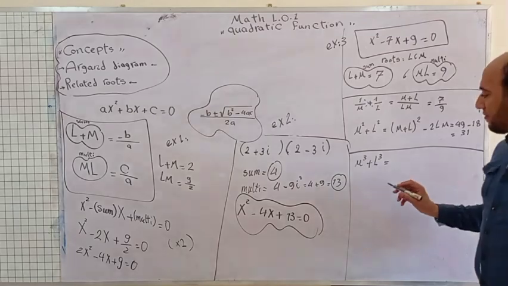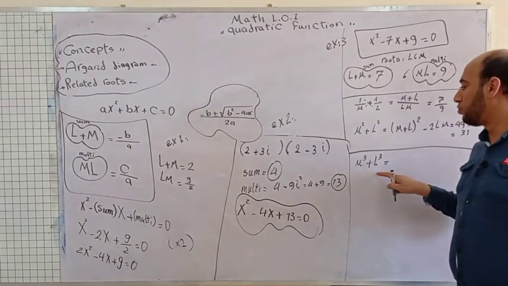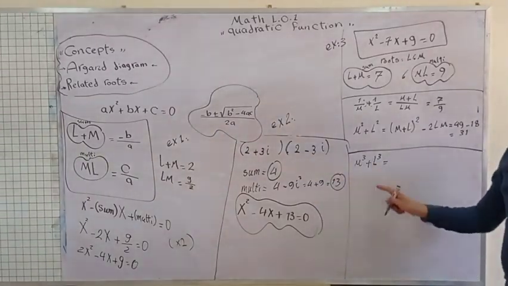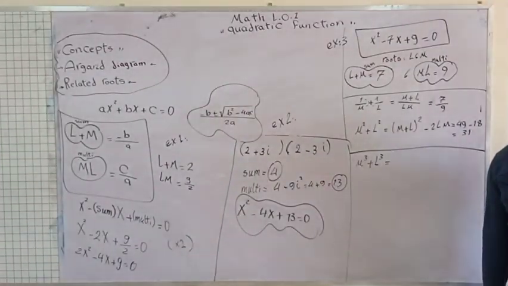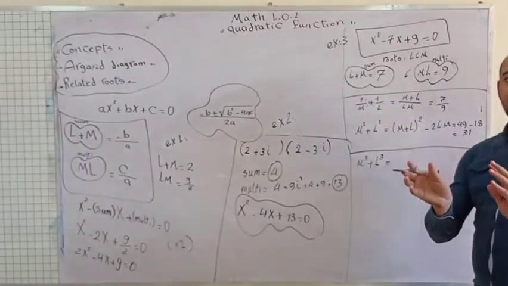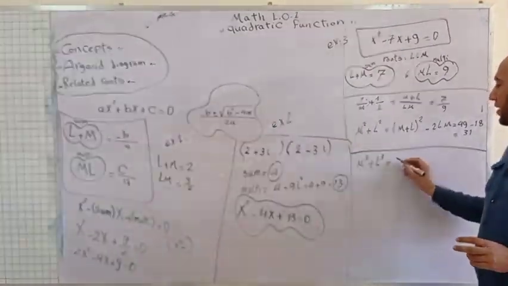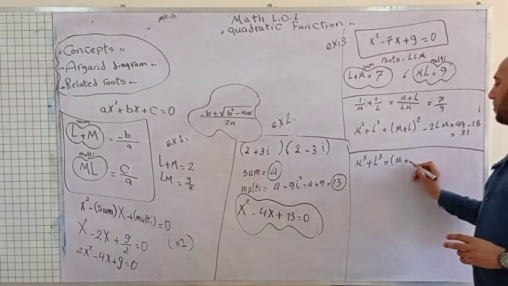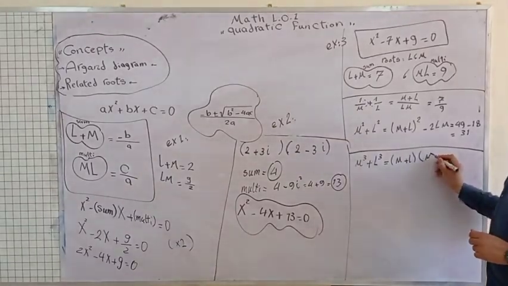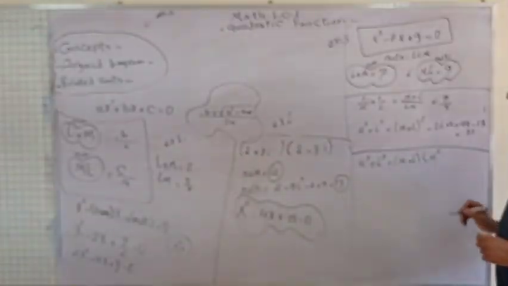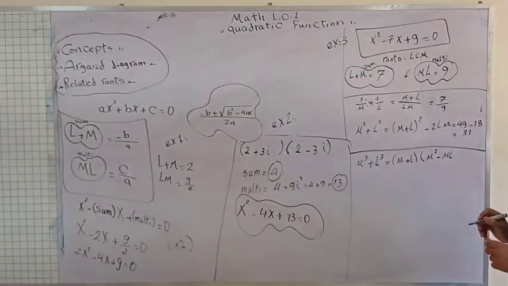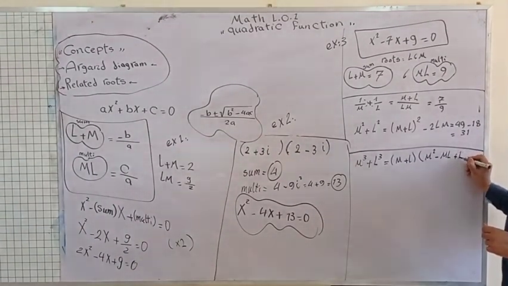Now, if I wanted to factor this value, the sum of two cubes, it will be m plus l times m square minus ml plus l square.